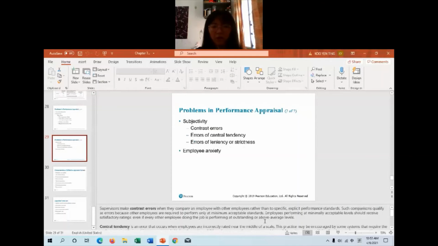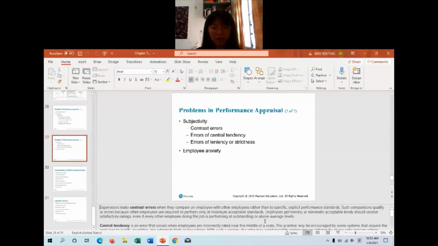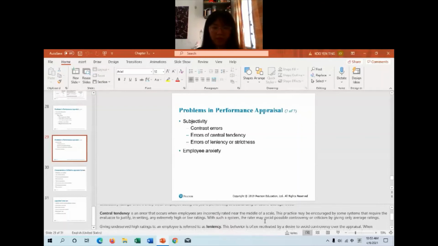Next, I would like to talk about more problems in performance appraisal. Supervisors make contrast errors when they compare an employee with other employees rather than with specific performance standards. Such comparison is qualified as an error because other employees are required to perform only at the minimum acceptable standard. Central tendency is an error that occurs when employees are incorrectly ranked near the middle of a scale.